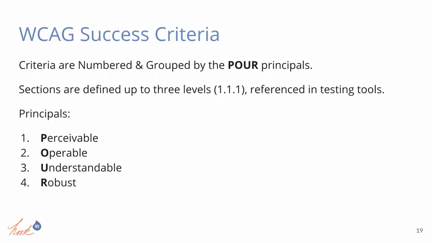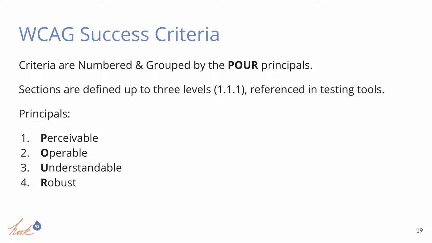But I would really like to explain what the sections are, and I'm going to show some really heavy slides in a second, but it's going to convey what the sections are. So if you write out POUR, each one has a number based on what letter you're looking at.